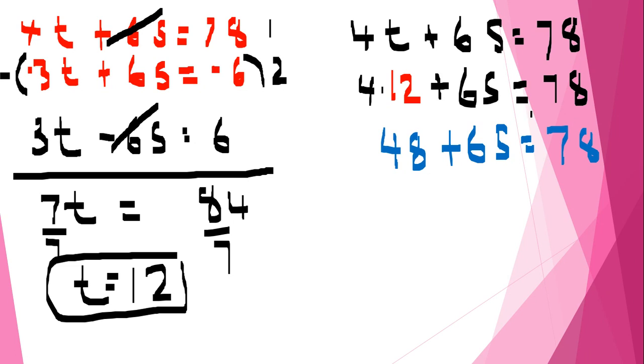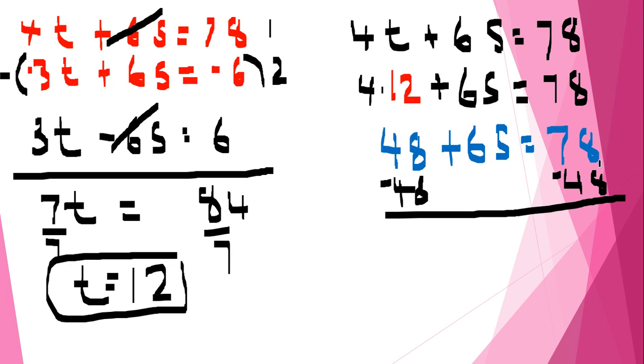I can move 48 to the other side, or if I want, I could actually just do negative 48 there, negative 48 there. 8 minus 8 will give me 0. 7 minus 4 will give me 3. So I've got 30 on this side. 48 and minus 48 will cancel, so I'll be left with 6s. If I divide 6s by 6, I'll get s. And if I divide 30 by 6, I'll get 5.